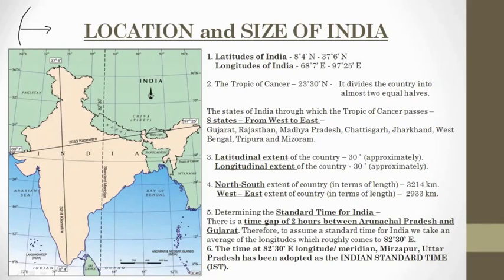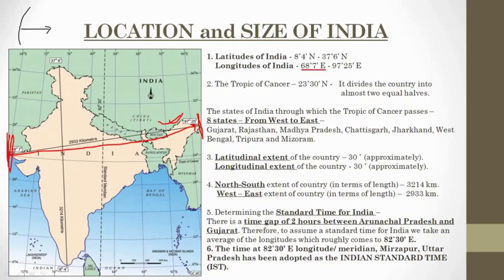When we reach Gujarat, we will find this 68 degrees 7 minutes east longitude or meridian, and if we keep moving eastwards up to Arunachal Pradesh, we will find another longitude, that's 97 degrees 25 minutes east. So that is why longitudes of India read as 68 degrees 7 minutes east.